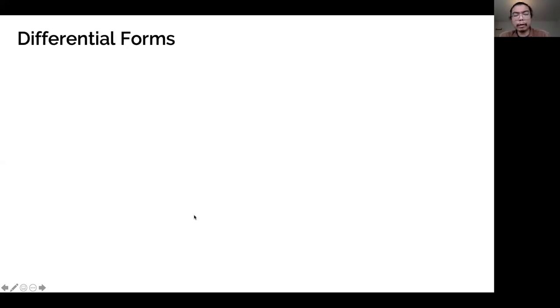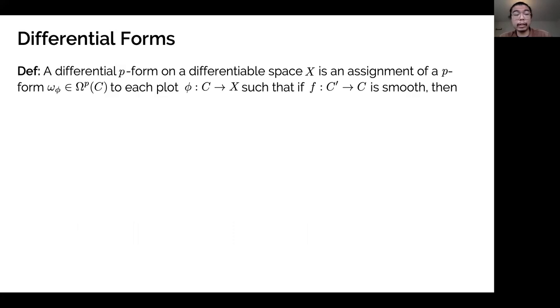And so we can talk about differential forms on these differentiable spaces by just assigning a differential form to the domain of every plot. So a P-form is just an assignment of a P-form to the domain of each plot.